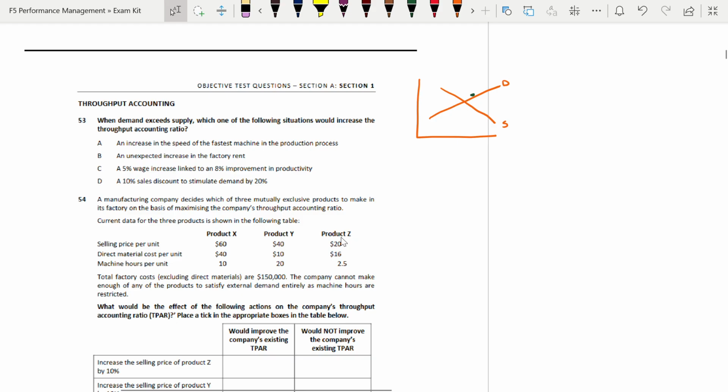Which one of the following situations would increase the throughput accounting ratio? What is the concept of throughput accounting?